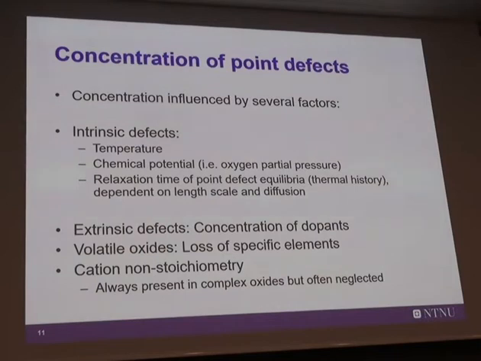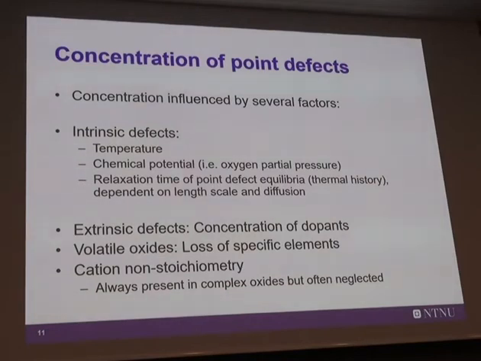Maybe the most important thing from an engineering point of view is that you can control the point defect population by extrinsic defects. And that's what we normally do if you want to control, for example, the oxygen vacancy concentration. You do that simply by the concentration of dopants. And you dope so heavily that the extrinsic defects will completely dominate.